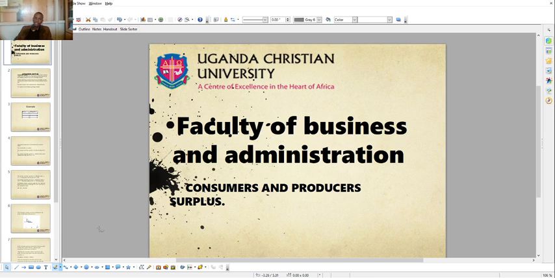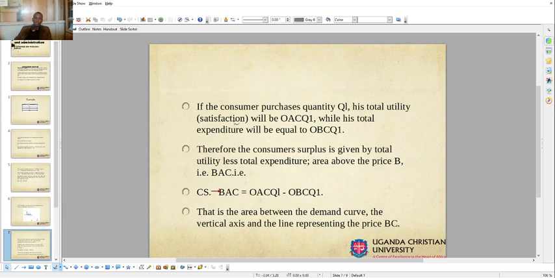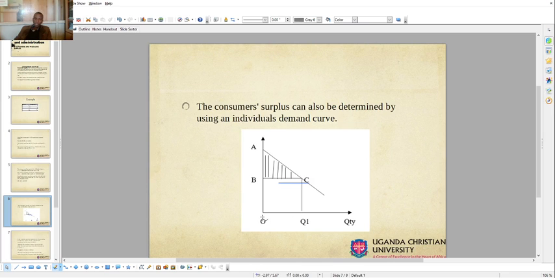And so we are seeing that if the consumer purchases quantity Q1, the total satisfaction is the entire area 0ACQ1. That's the satisfaction.